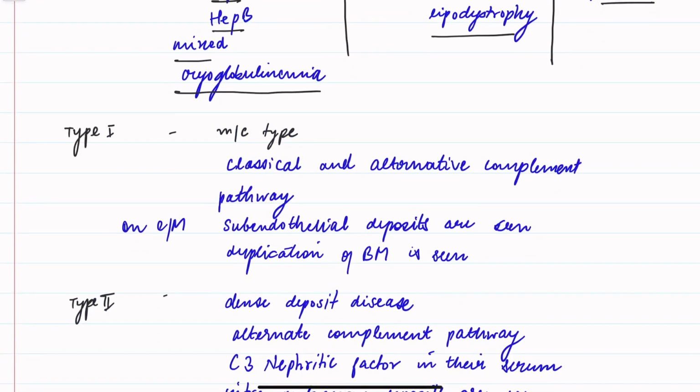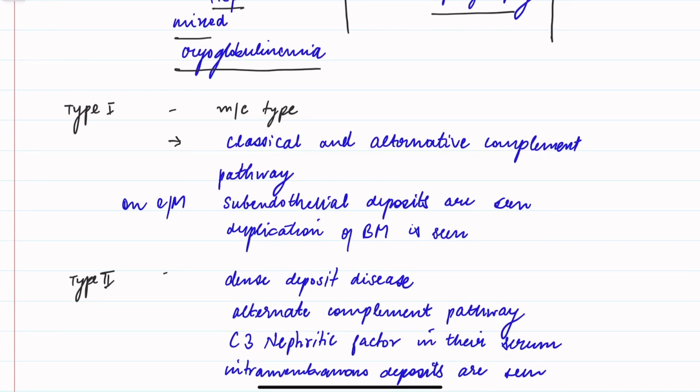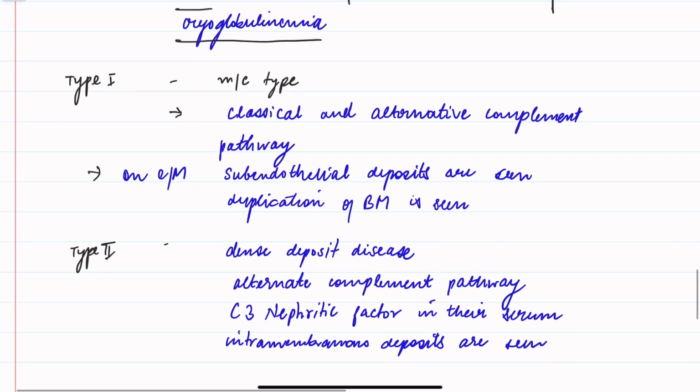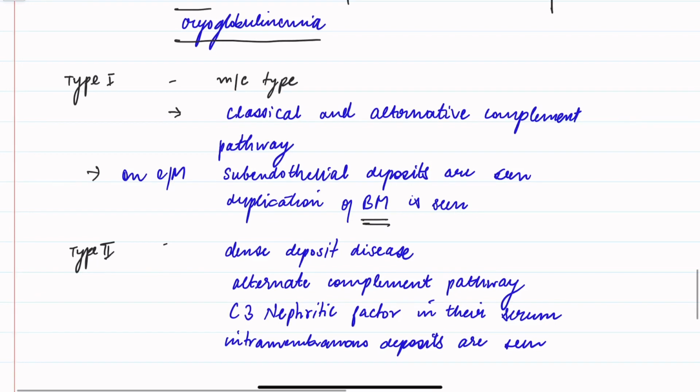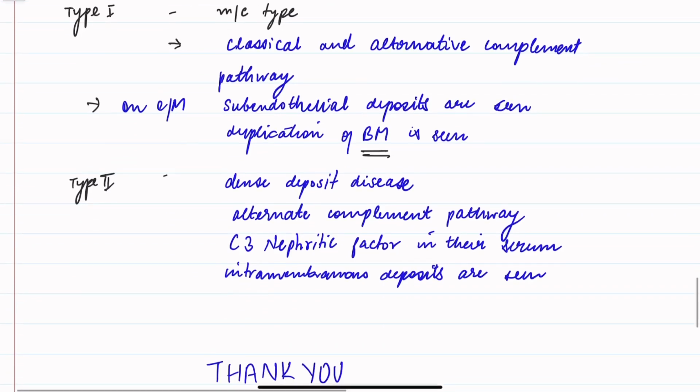Type 1 is the most common type, and there is activation of classical and alternative complement pathway. On electron microscopy, you will see subendothelial deposits, and you will see duplication of basement membrane due to new basement membrane synthesis in response to subendothelial deposits.